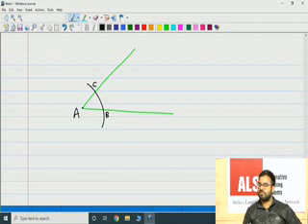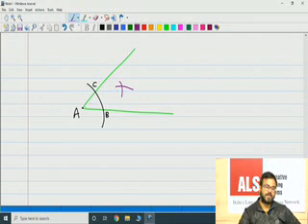Now, what I will do, the B and C I want to bisect, I will open my compass more than half of the length of BC, just randomly open the compass more than half of the length of BC, take B as center and cut an arc like this, take C as the center and draw an arc which will cut the previous arc, and then join this thing.